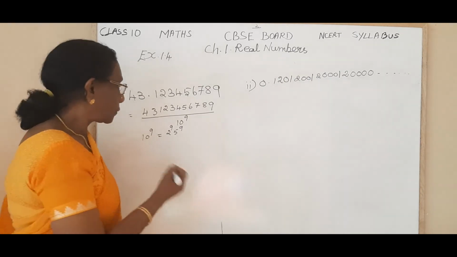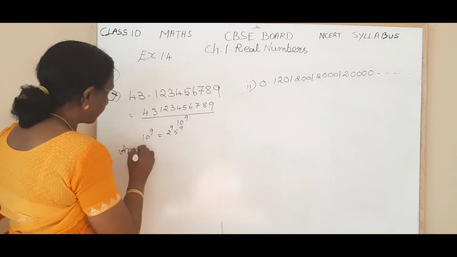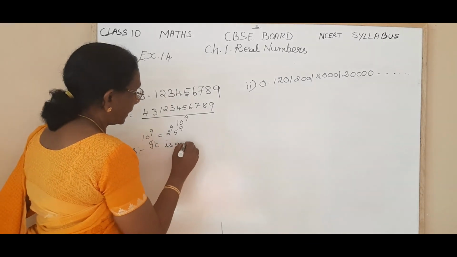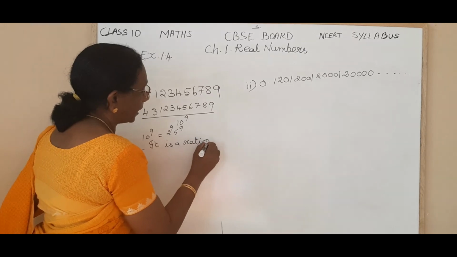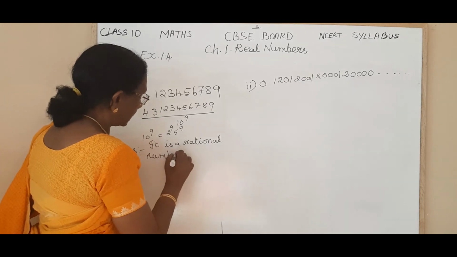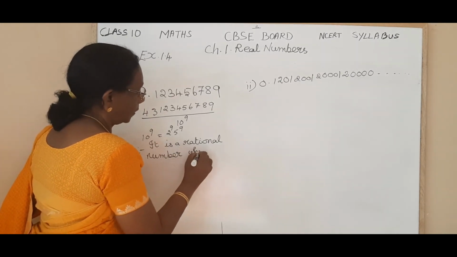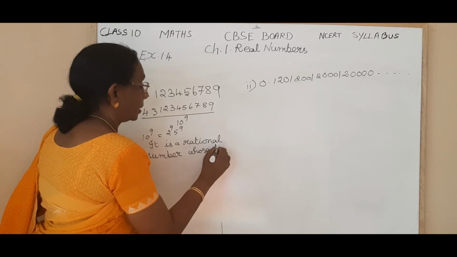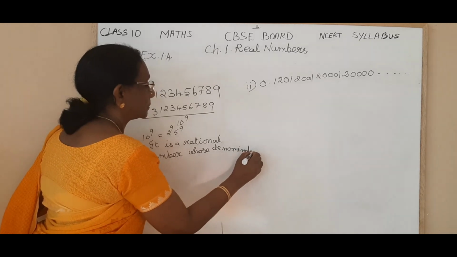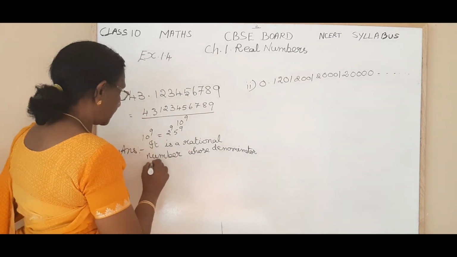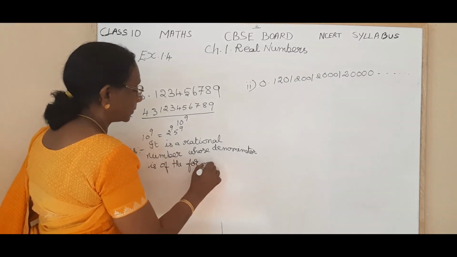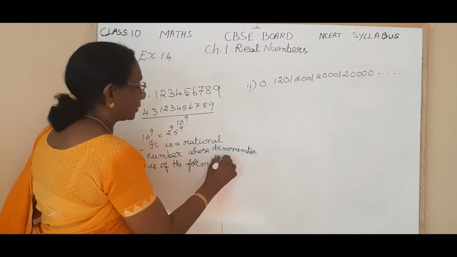Have you understood, children? So what is the answer? It is a rational number whose denominator is of the form 2 to the power m into 5 to the power n.